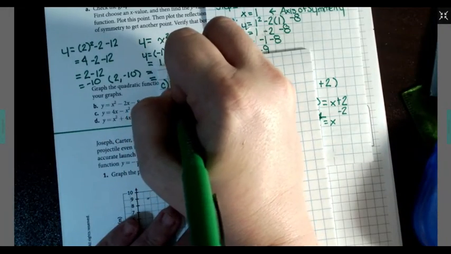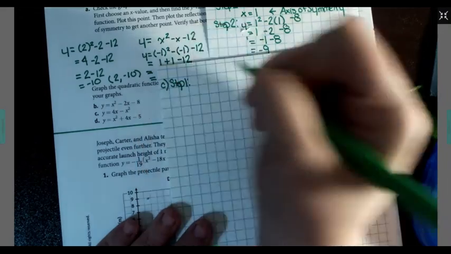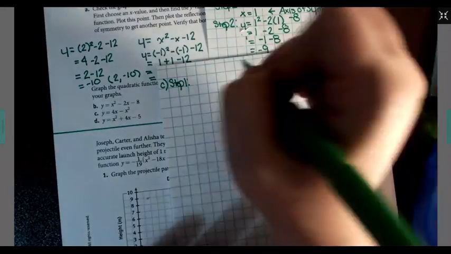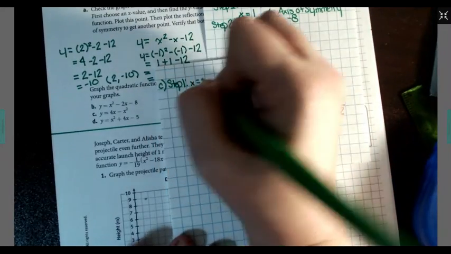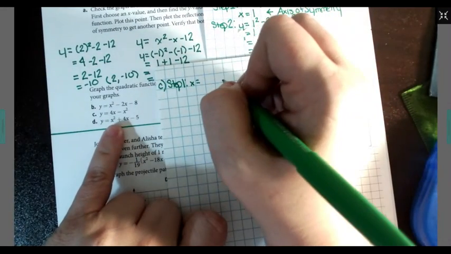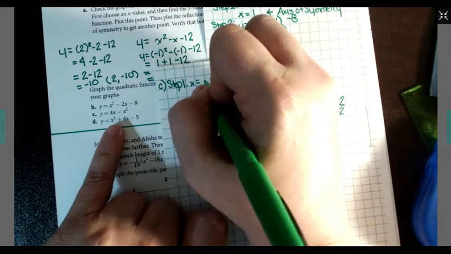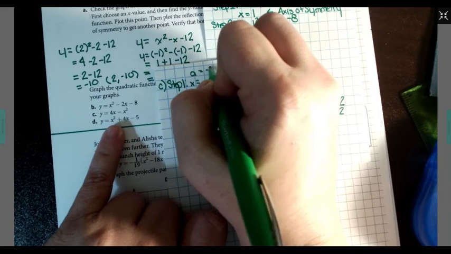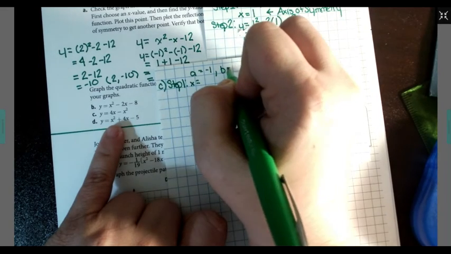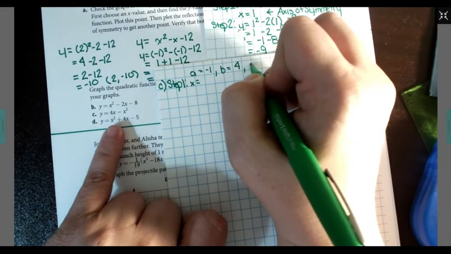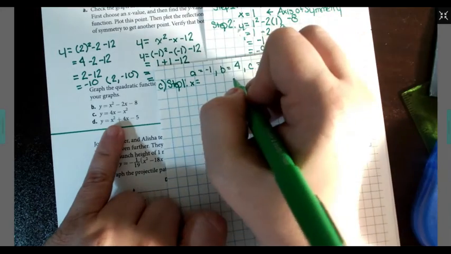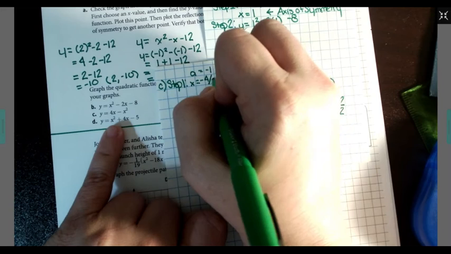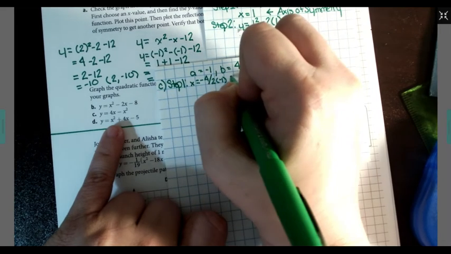So step 1, x equals -b over 2a. So x equals, well, a is -1, b is +4, and c is 0. So this would be -4 over 2 times -1.